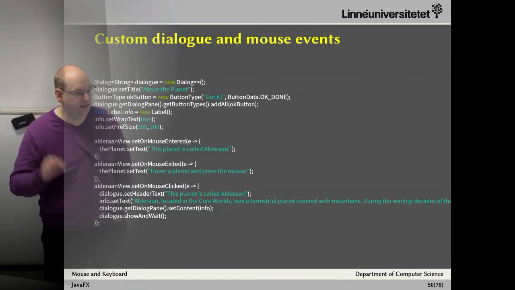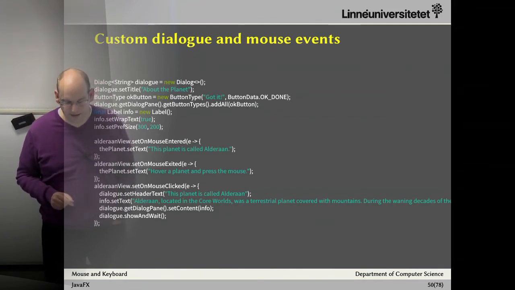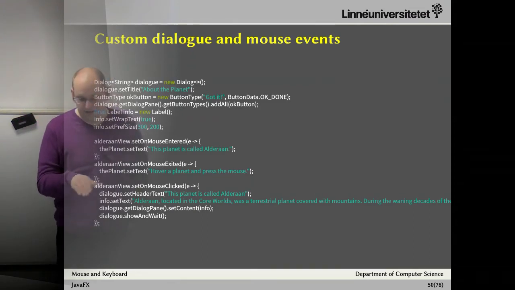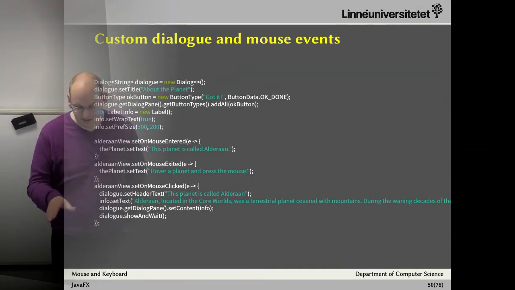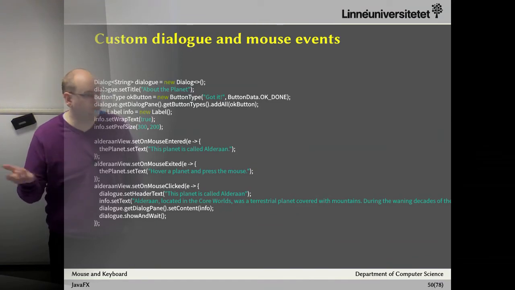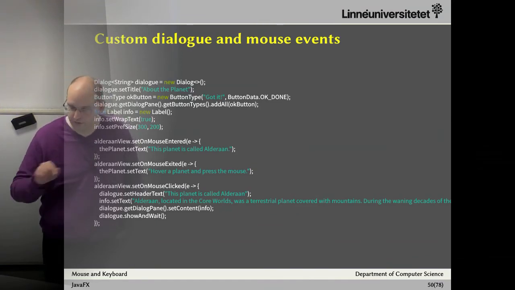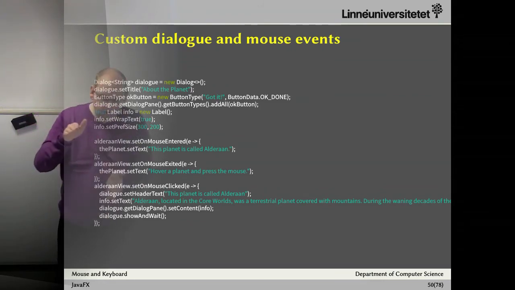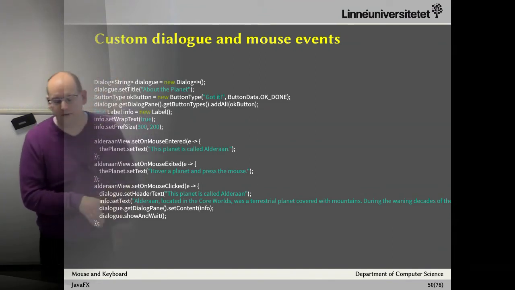So when we click a specific planet or image, in this case, we will set the dialog header text and set the info text, and then set the content to this info text and show and wait. So just wait for the user to press OK. And then all of this needs to be done for all 5 of the planets.